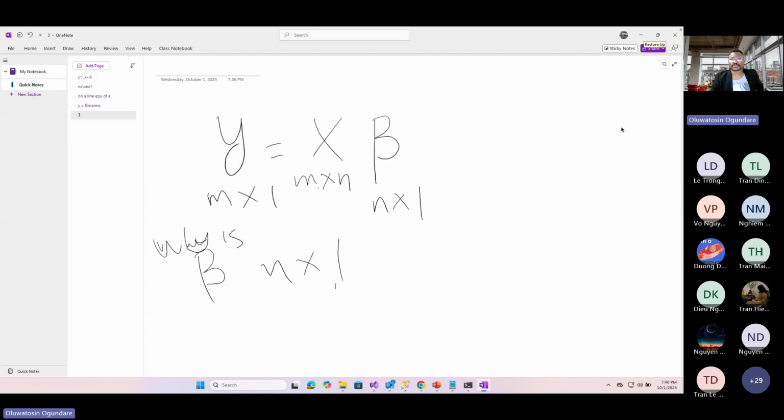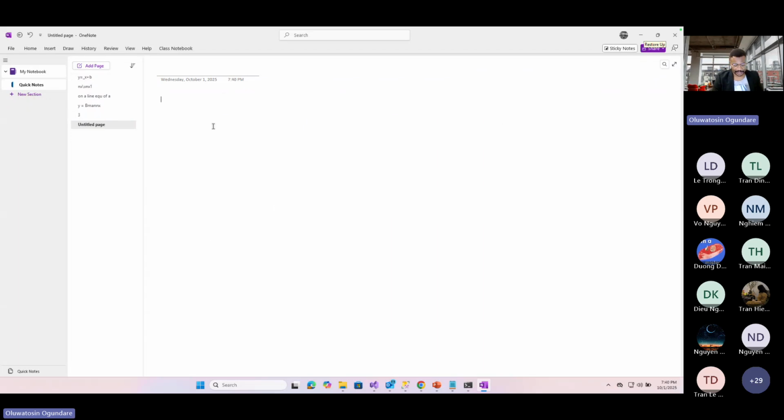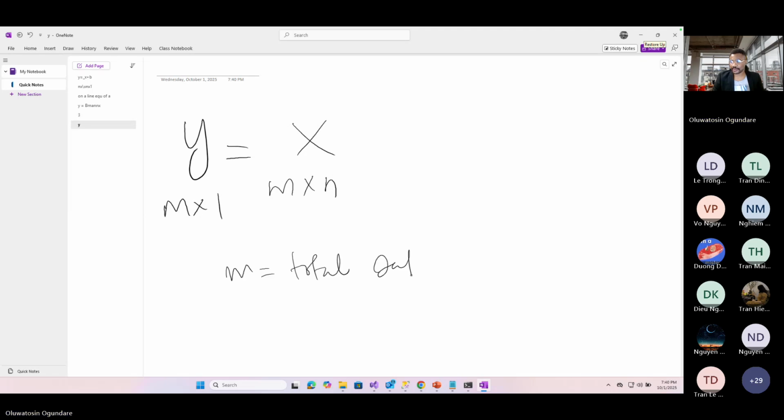So now someone tell me, what is machine learning in this sense? We're still here. Y is m by 1. Our X, which is our data set, is m by n, right? We know that m is the total amount of data that we have, and n is the number of features.